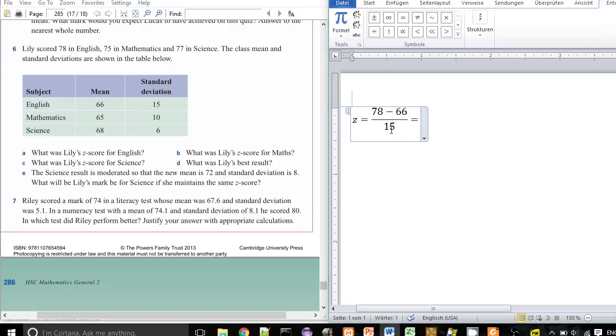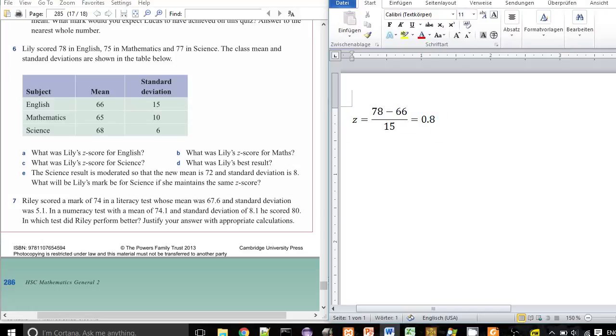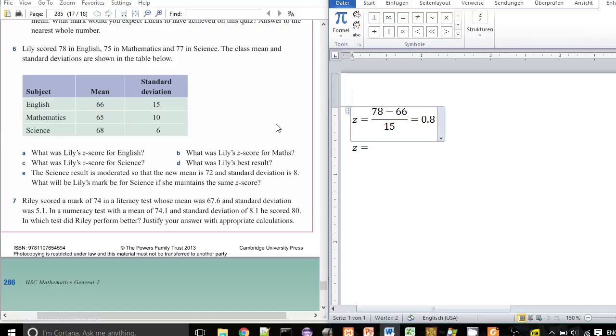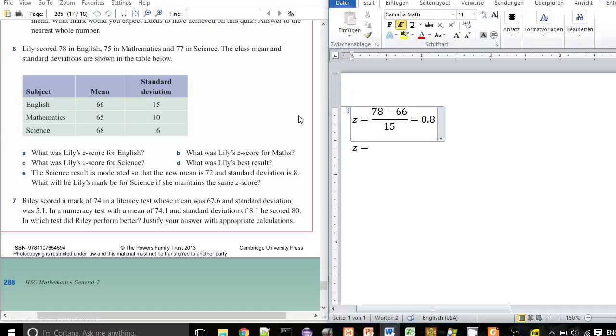That's 12 out of 15. Okay, so I can tell it's 0.8. I'm pretty sure that's right. Yep, okay, so actually again we can maybe do sort of a, I'll write it like this: English, maths.